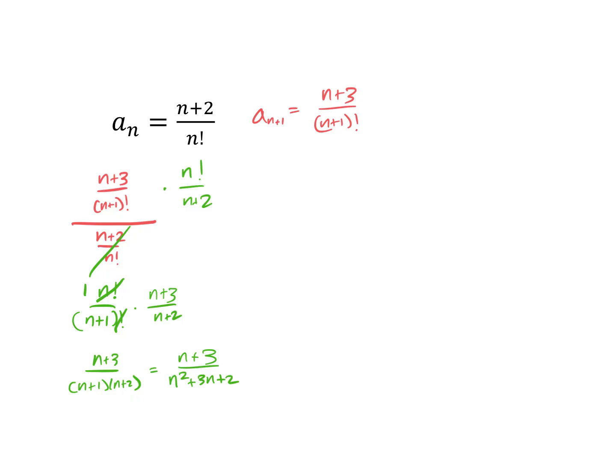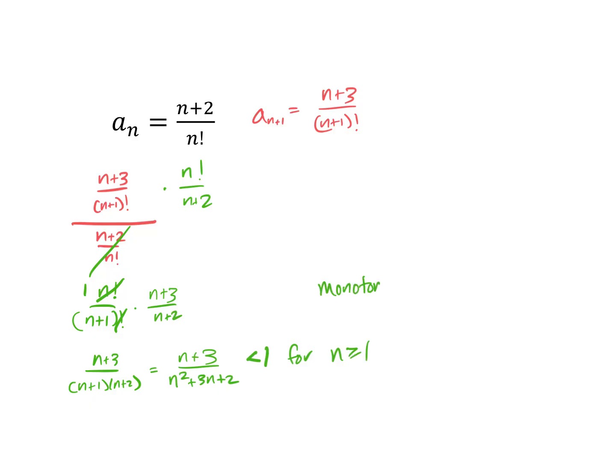Certainly for large values of n, the denominator is going to be much larger than the numerator. For small values of n, like n equals 1, the numerator is smaller. I would be comfortable with you saying that this is less than 1 for all n greater than or equal to 1. So this is in fact monotonic.